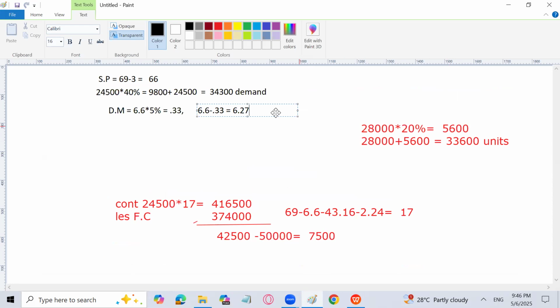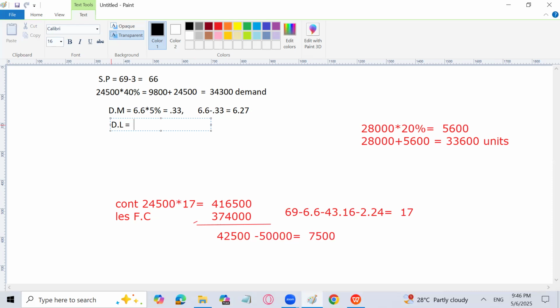Even if our demand is 34,300, we will still sell and produce 33,600 units because that is our capacity. We can't do more than that. So we'll solve the question for option A as per 33,600 units, not 34,300 units.